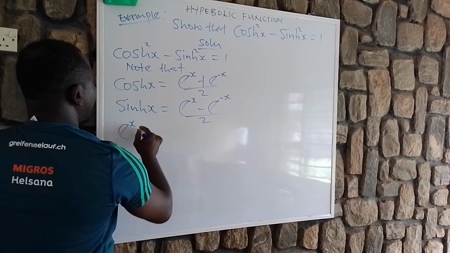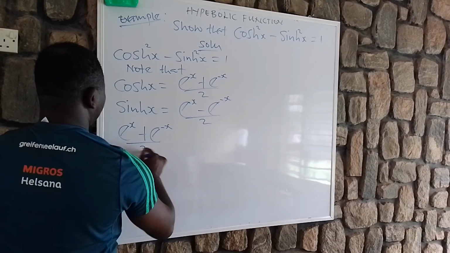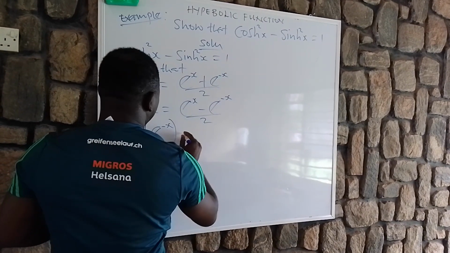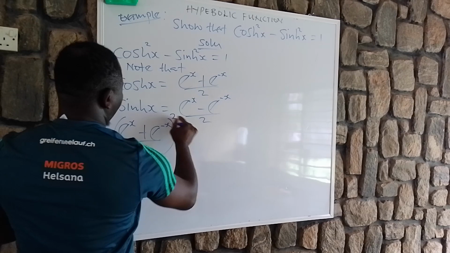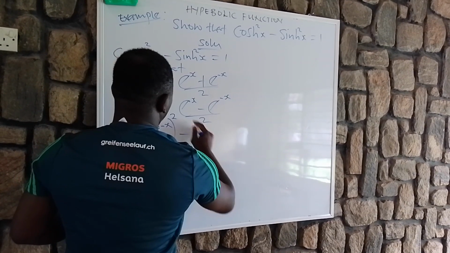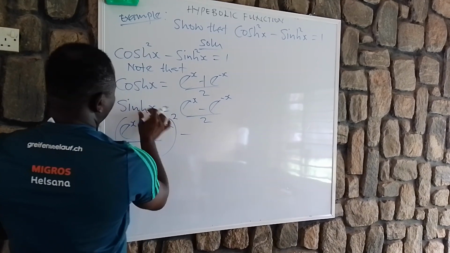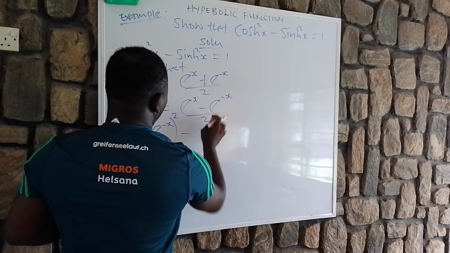Exponential x plus exponential minus x all over 2, all in brackets. Make sure cosh is squared, so make sure you square it. Minus sinh square x is the same thing as exponential x minus exponential minus x all over 2.